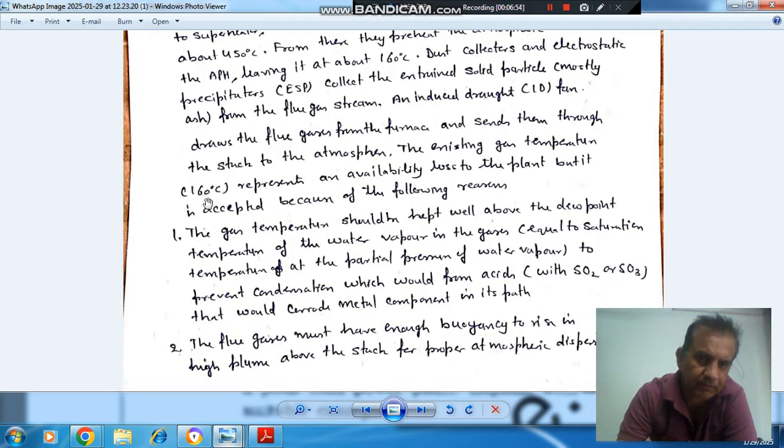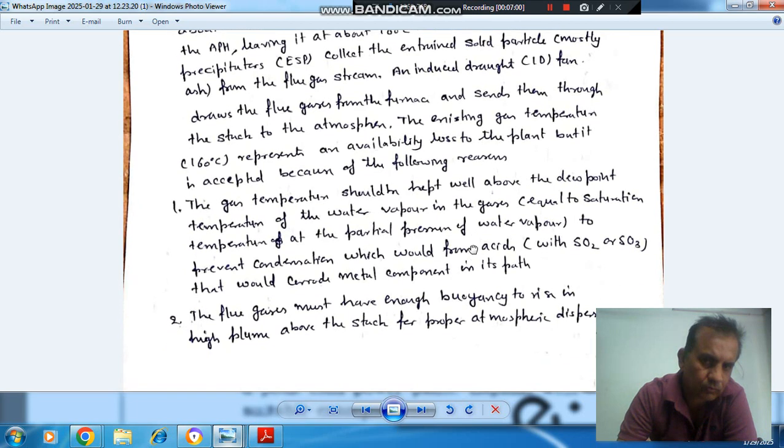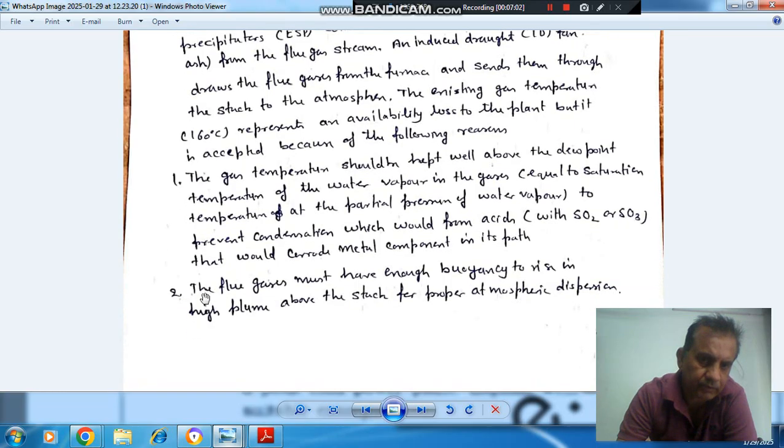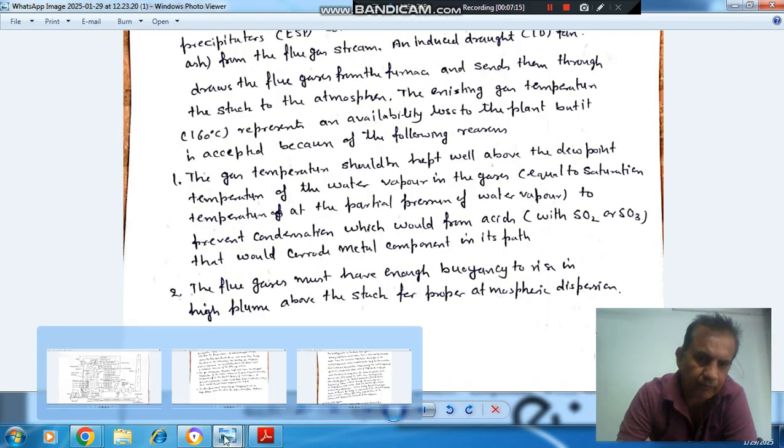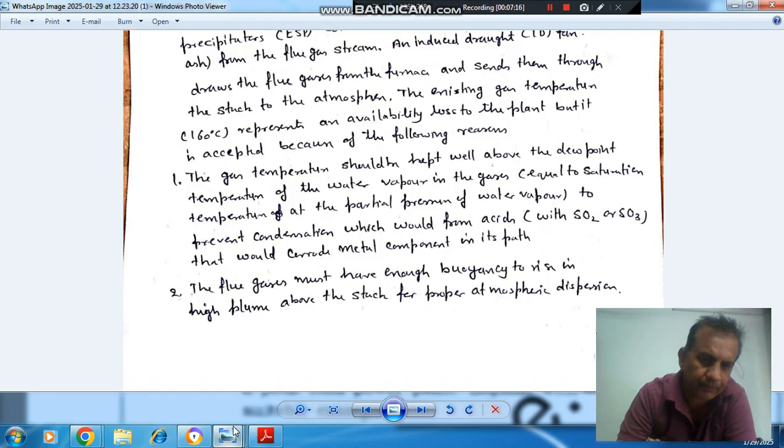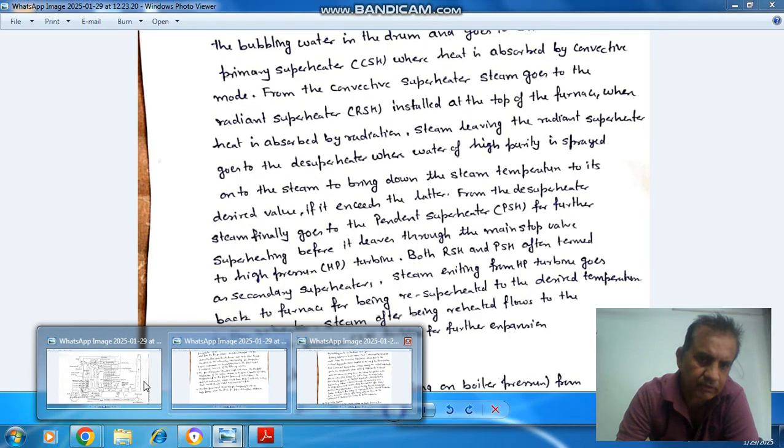So this temperature is kept high to prevent the formation of H2SO4. And the second reason is that the flue gases must have enough buoyancy to rise in a high plume above the stack for proper atmospheric dispersal. So, if the temperature is high, then it can rise up the stack. That's how the balanced draft is created.